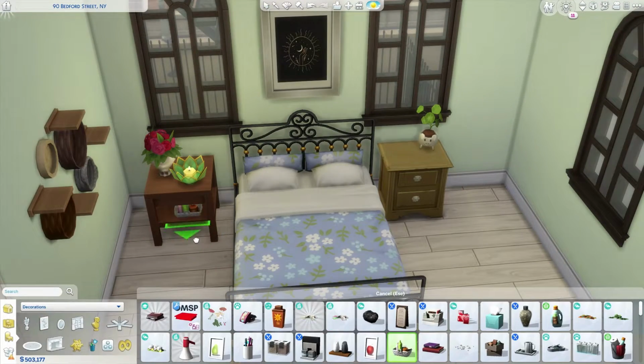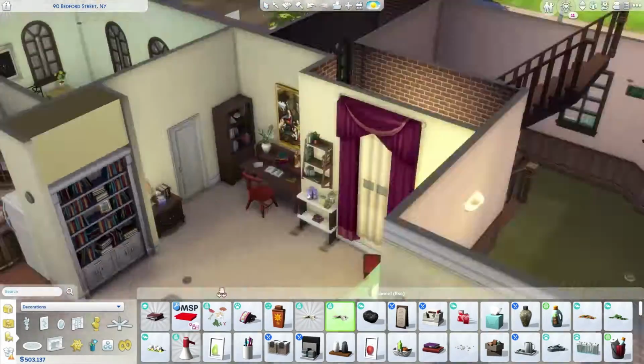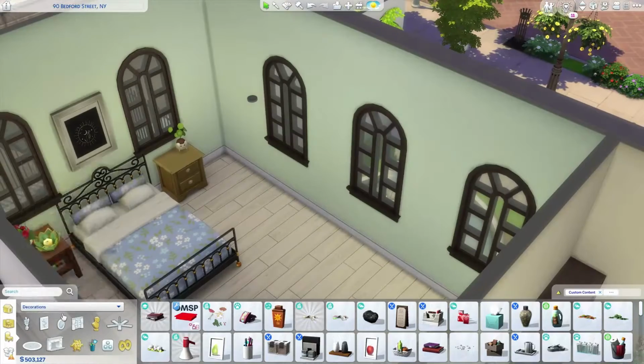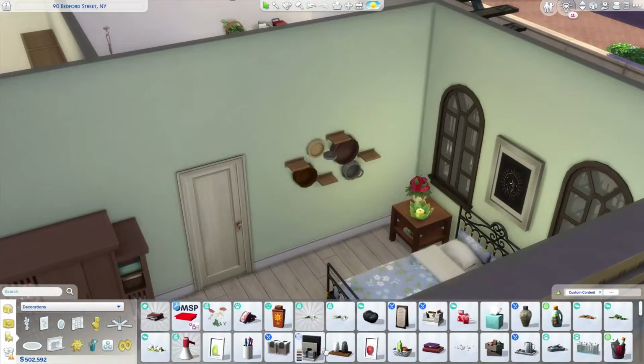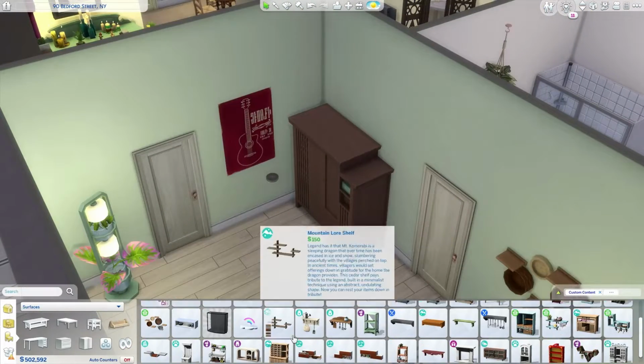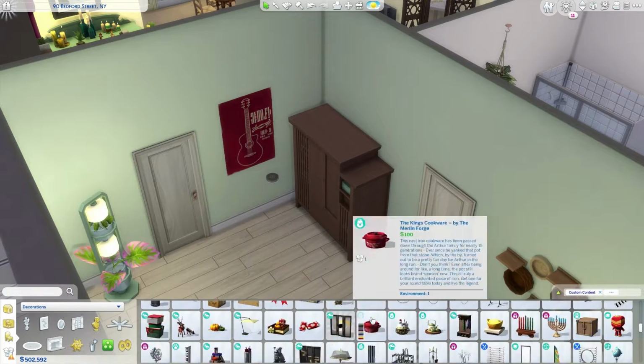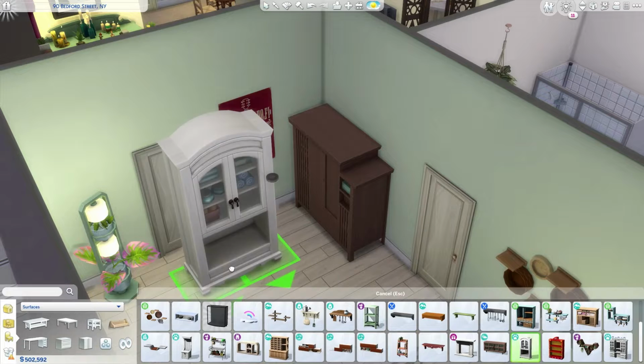So I needed to add candles. I also added some posters, like about this guitar, or later I add some wall art, just this very tiny hanging poster there.